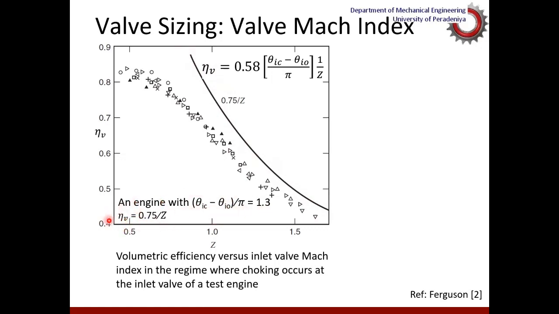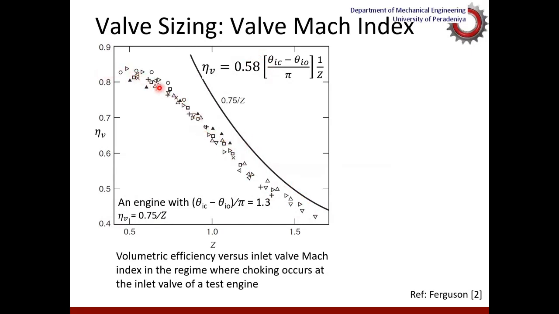Accordingly, if you substitute these values, eta V becomes 0.75 divided by Z. So that is this variation. It is not exactly the real situation because this is a one-dimensional simplified model using ideal gases, but it is somewhat close to understand the real situation.